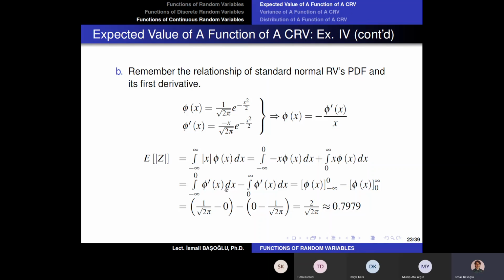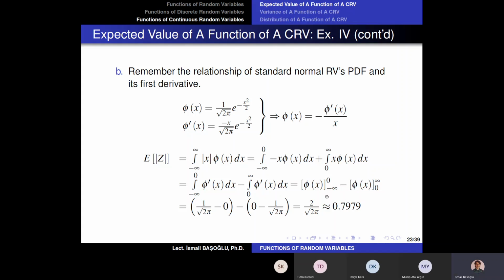So all we need to do is to calculate the result of the first integral. We are going to plug in the upper bound 0 and the lower bound -infinity to phi(x). And in the second integral, we are going to plug in the upper bound infinity and the lower bound 0 to phi(x) again and take the difference. Then we are going to take the difference of these differences as well.